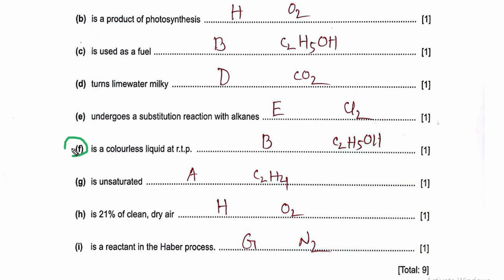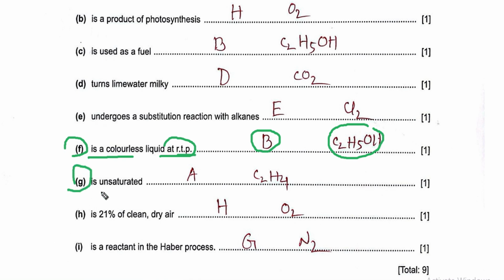F is a colorless liquid at room temperature. This answer will be B, as ethanol is a colorless liquid at RTP, meaning room temperature and pressure.